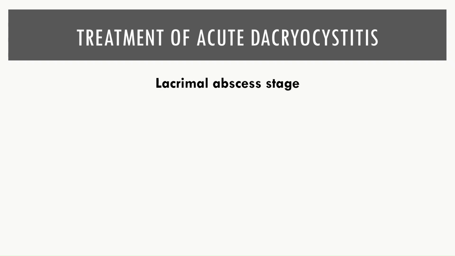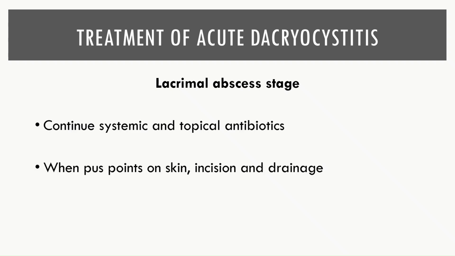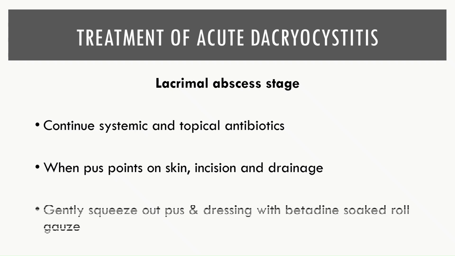In the lacrimal abscess stage, along with the systemic and topical antibiotics, when the pus starts pointing on the skin, it should be drained by a small incision. The pus is gently squeezed out and dressing is done using betadine-soaked roller gauze.